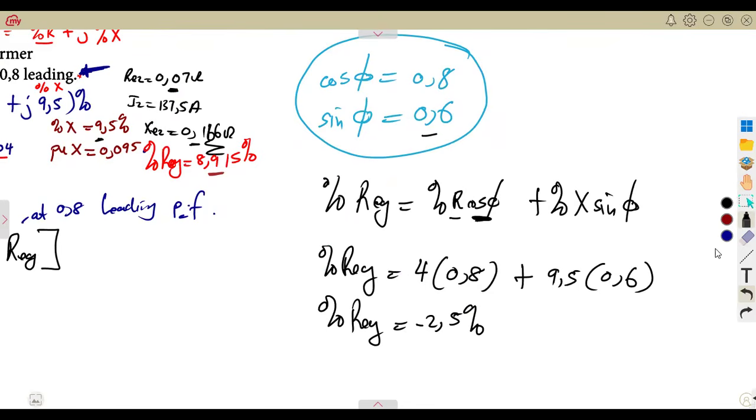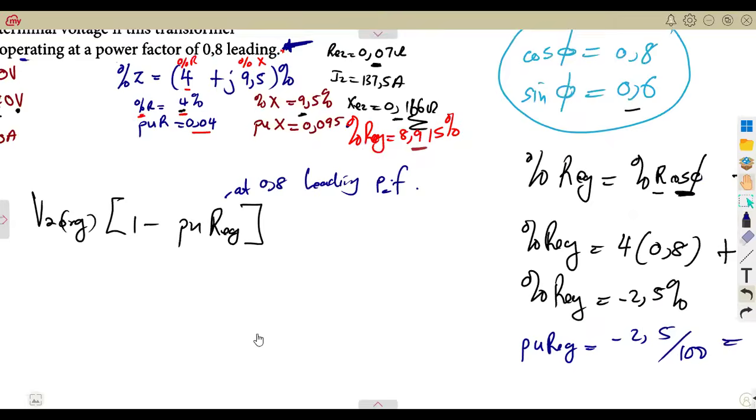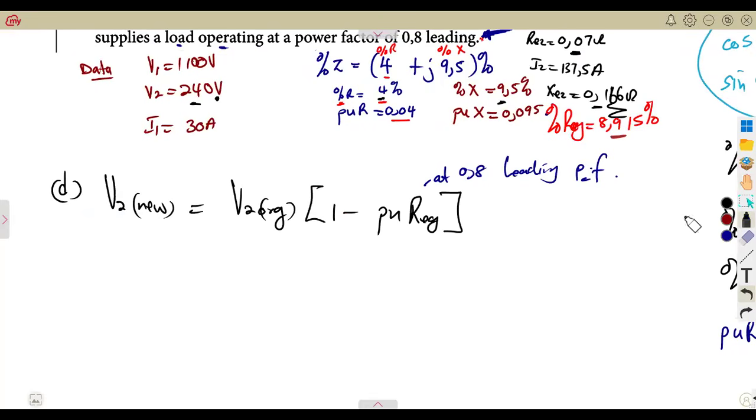But as we understand in the calculation, we need per unit regulation. And per unit regulation simply means what? Percentage regulation over 100. So you take this answer and divide it by 100%. So it was going to be negative 0.025. This is the per unit regulation that you use here to give us V2 new.